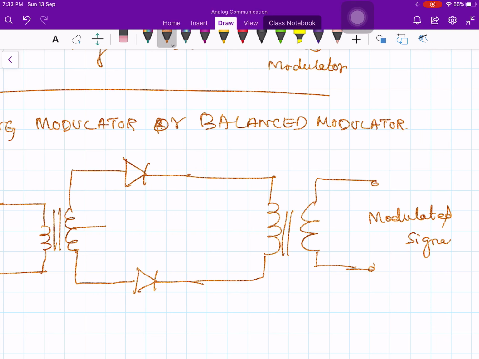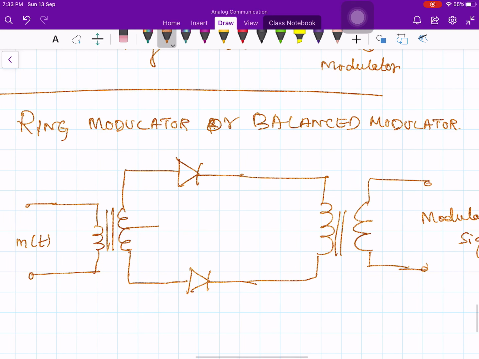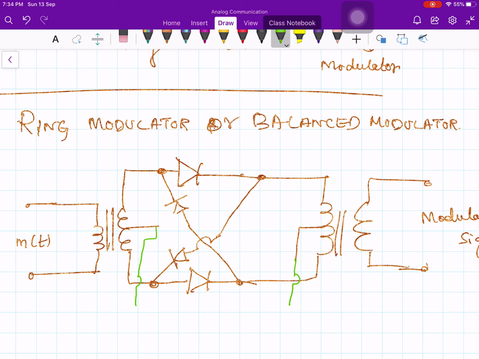The operation is very simple. Now you put one more diode like this, then here also you put one more diode like this and like this, and this is center tapped again. And between these two points you apply c of t, the carrier.